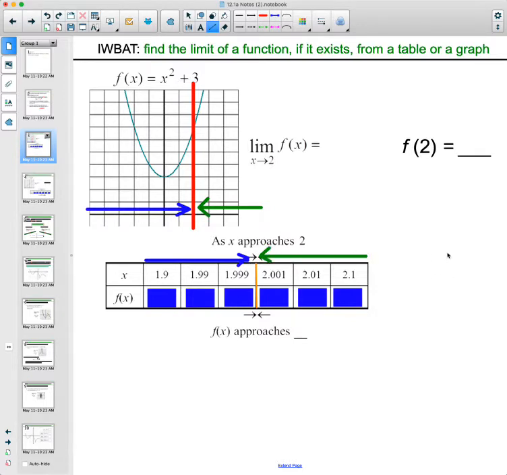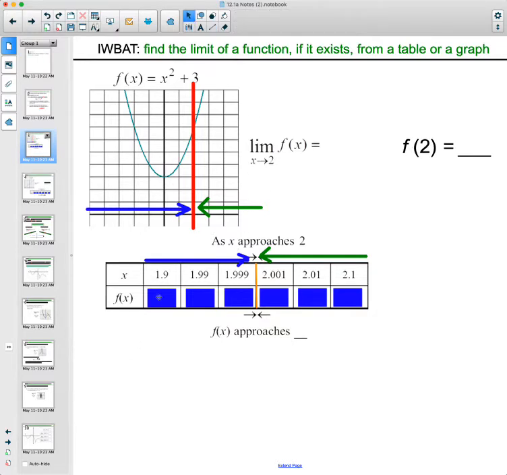You could start at 7, 6, 5, 4, 3, but we generally do a 10th below and a 10th above, and then start getting closer. This one is a 10th above, this one's a 100th above, this one's a 1,000th above. This one's a 10th below, 1/100th below, 1/1000th below.